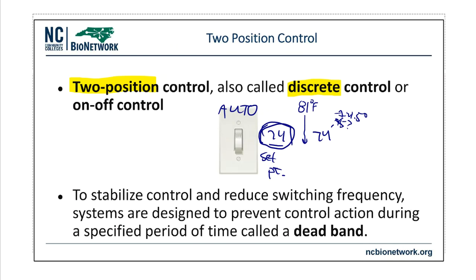That's great. So what's going to happen here with the auto is that I have determined a set point, and that set point is 74. Well, there is going to be kind of a maximum temperature and a minimum temperature that my air conditioning and heating system will utilize from that thermostat before it cuts on and does any other work. There's no in between.